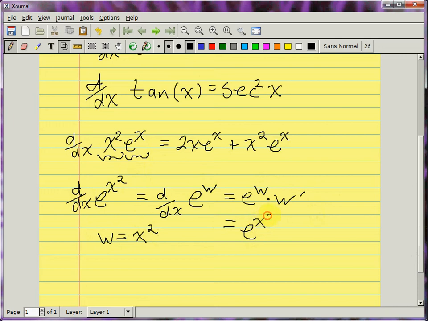So here we have x squared. And now we also owe w prime. What is w prime? Well, the regular derivative of x squared is 2x. And so we write 2x here, and that's it. So the derivative of e to the x squared is e to the x squared times 2x.